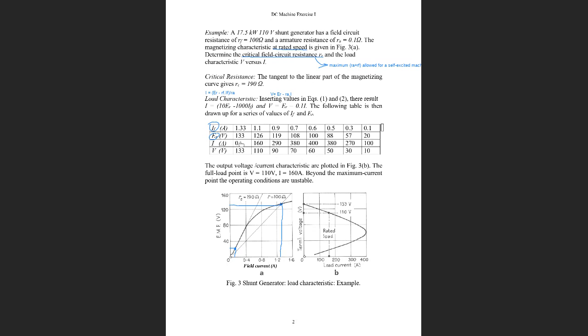And suppose the loading current is zero, then the terminal voltage will be equal to ER. That's this point.